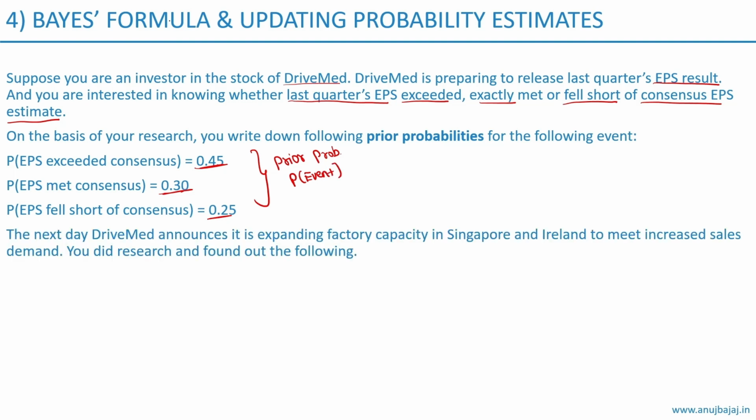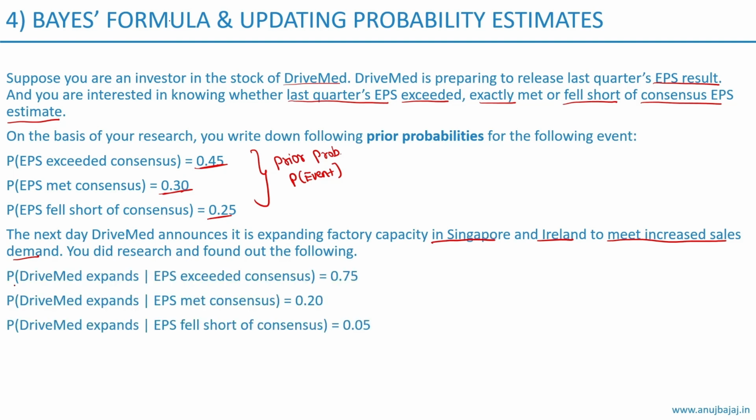The next day, DriveMed announces that it is expanding its factory capacity in Singapore and Ireland to meet its increased sales demand. So this is the new information that DriveMed is expanding its factory capacities. So you did the research and found out the following: the probability of DriveMed expanding given the EPS exceeded the consensus is 75%, and so on. So what are these? These are the probability of the information given the event has occurred.